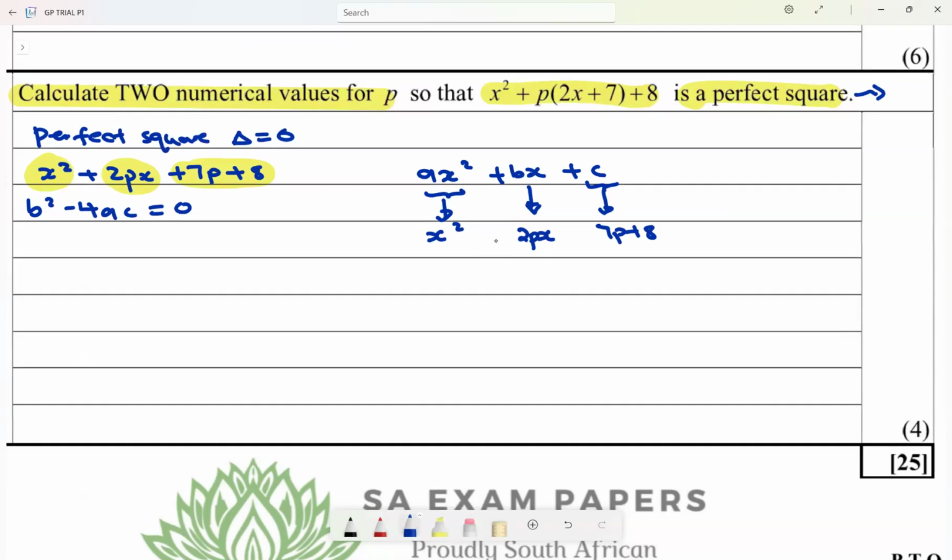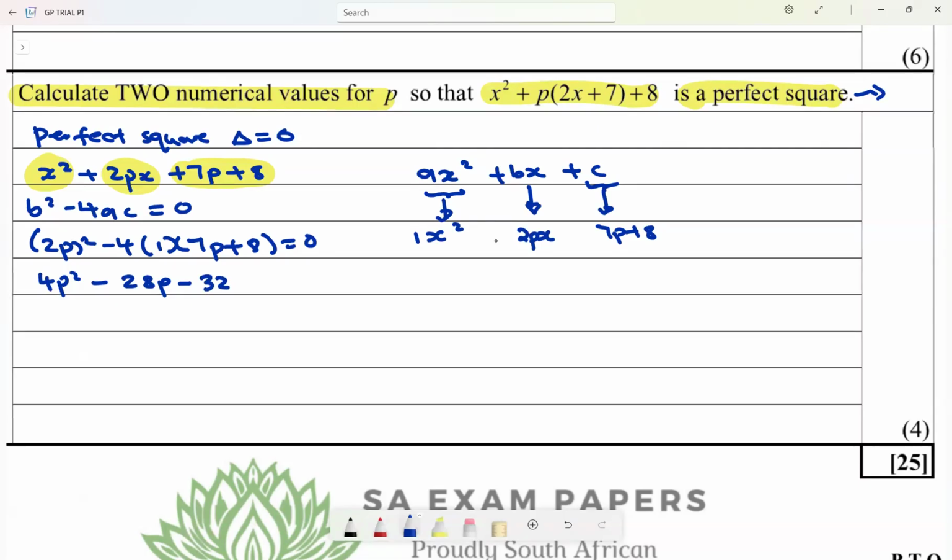So b, in this case, is not x but rather 2p. For a, a is 1. c is 7p plus 8. This needs to be equal to 0. So this is 4p squared minus 4 times 1 times 7p, which is 28p, minus 4 times 1 times 8, which is 32.